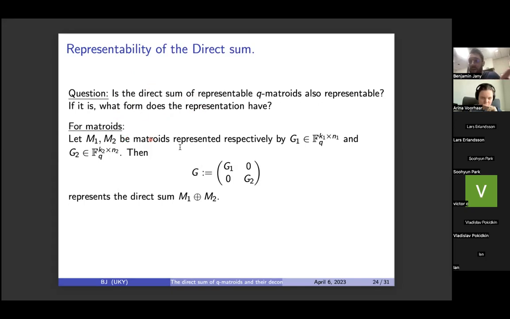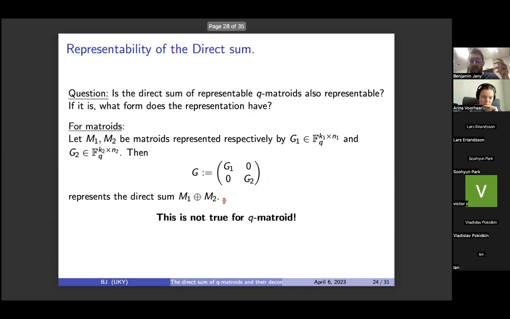So for matroid theory, the answer is pretty straightforward, where if I start with two matroids that are representable and represented by two matrices G1 and G2, then for any choice of representation, we will have that this block diagonal matrix will represent the direct sum of matroids M1 and M2.